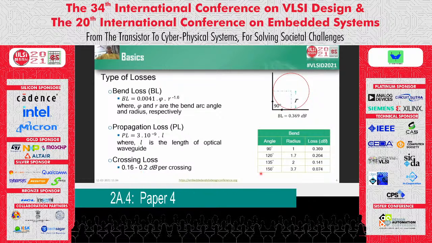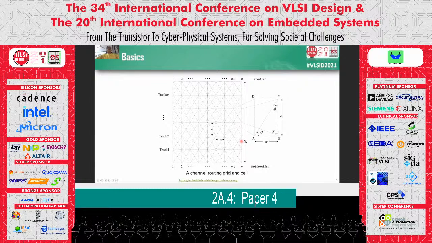Here from this table we can see that the bend loss is decreased when the bend angle is increased. Hence, the waveguide having a smaller bend angle will have a higher bend loss.